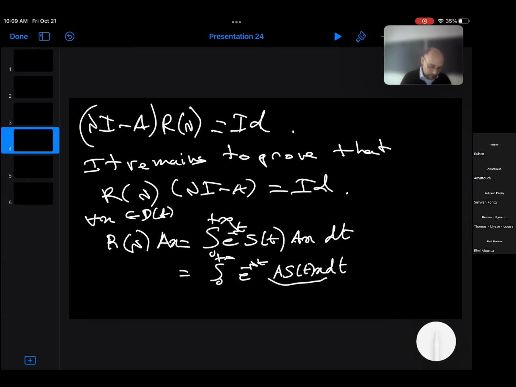So here, this is nothing but the derivative with respect to t of S t of x. We proved that already last time. Okay, so now what can I do? Integration by parts. So can you compute that by integration by parts?